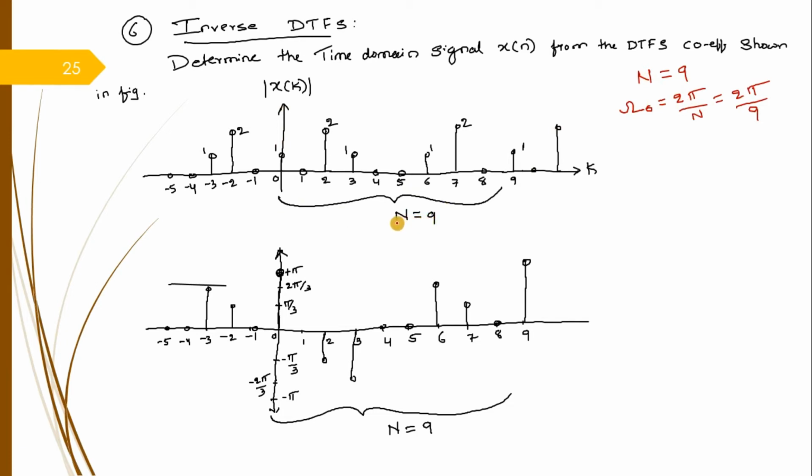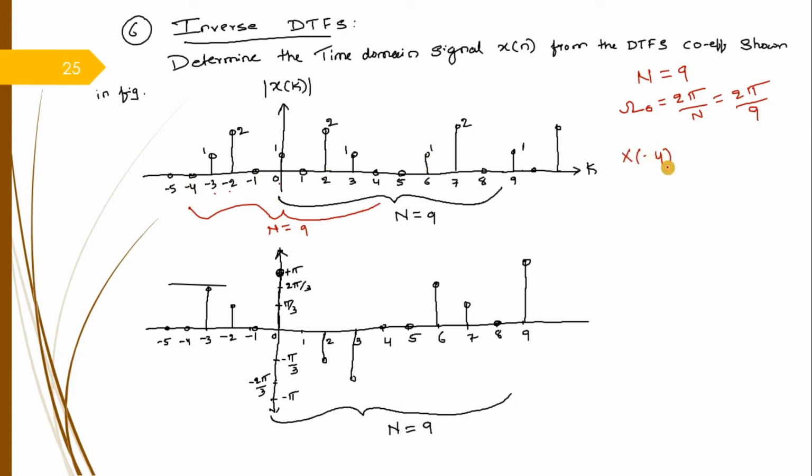It's always easy if you take positive as well as negative values also. It will make our job simple. N is equal to 9 means minus 4, minus 3, minus 2, minus 1, 0, 1, 2, 3, 4, total 9. Let me consider this and check. So I start with x of minus 4.